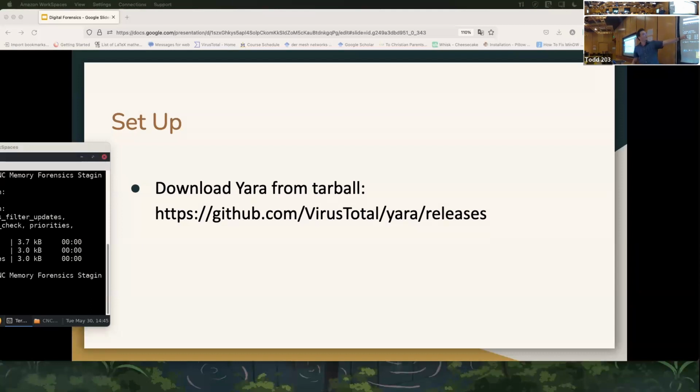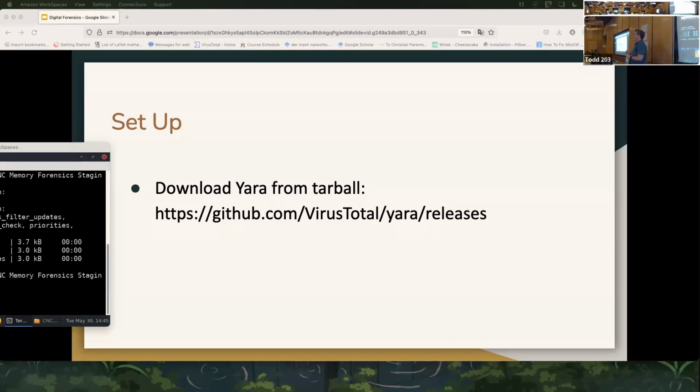We need to download Yara from the tar vault. So everybody go to this website, and when you get there, let me know. You'll do that in Firefox. The next slide is going to have a picture with an arrow pointing to the file you want to download.